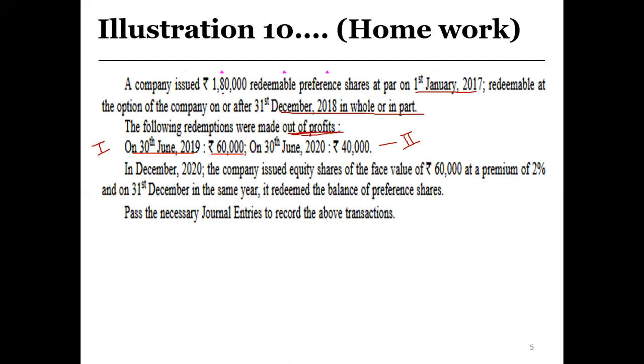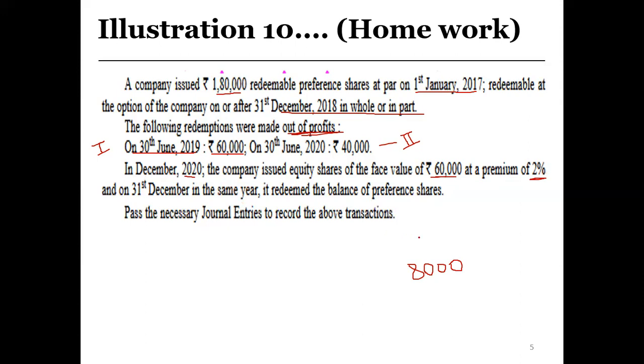Now we want to redeem 1,80,000. 1,80,000 minus 60 minus 40, so total 80,000 shares are still remaining. So for that purpose, on 31st December 2020, the company has issued equity shares of face value 60,000 at a premium of 2%. और बाकी का आपने क्या कर दिया?